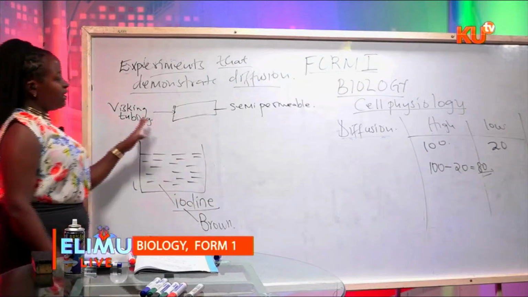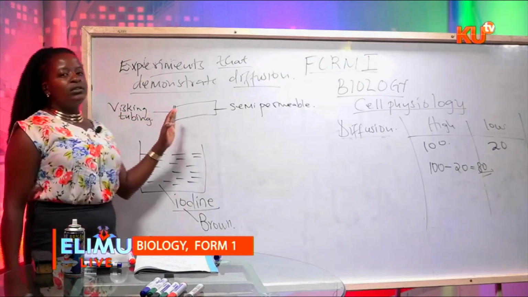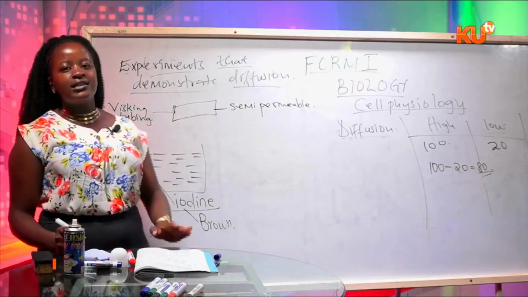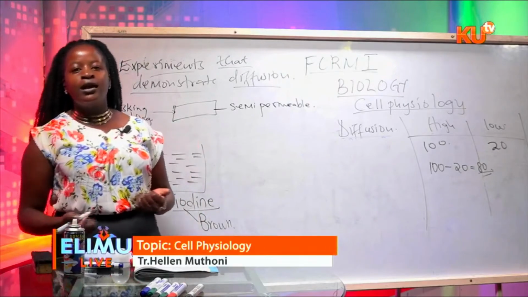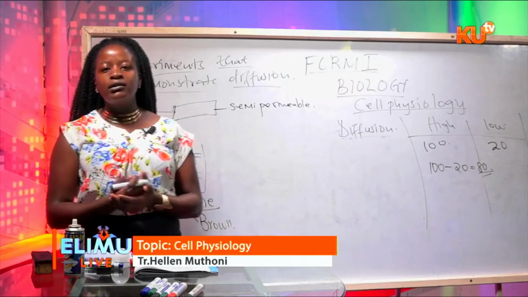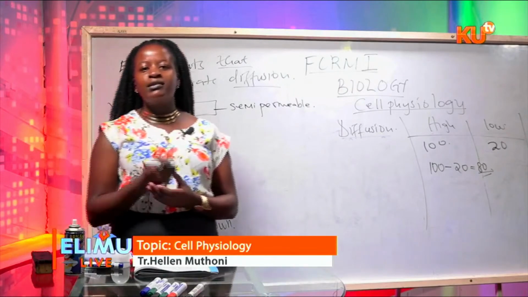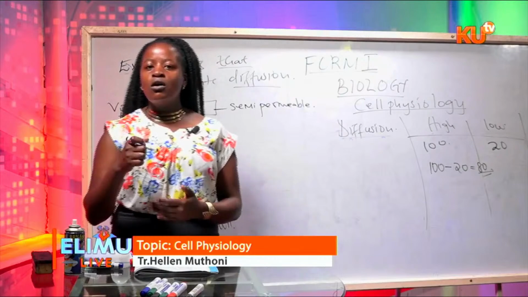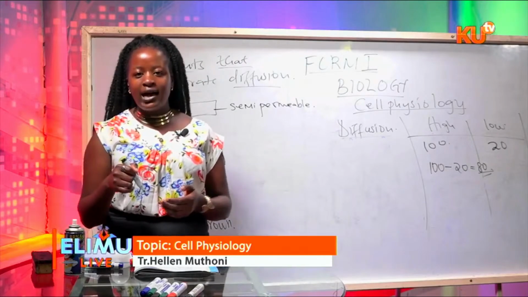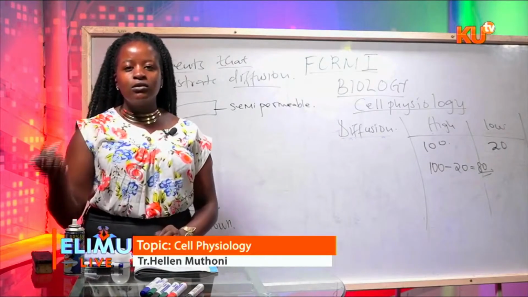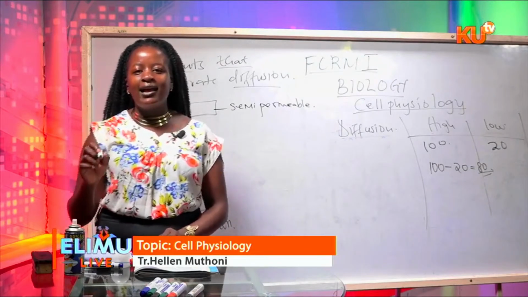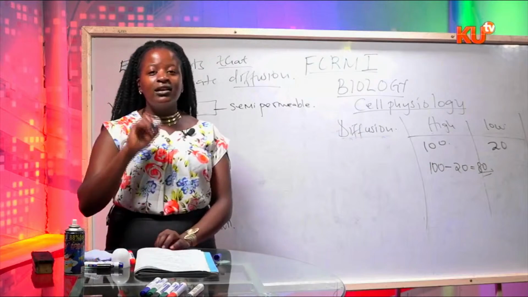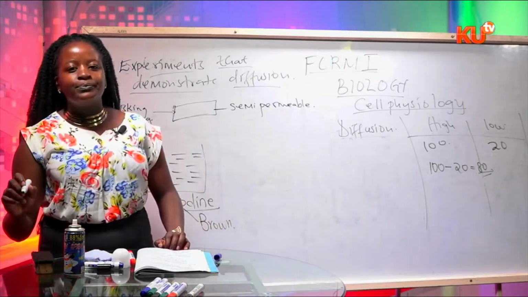In this experiment, what will be put in the Viskin tubing is a starch solution. Starch is a compound, an example of a complex carbohydrate. When you mix starch with water, you get starch solution, which is white in color.